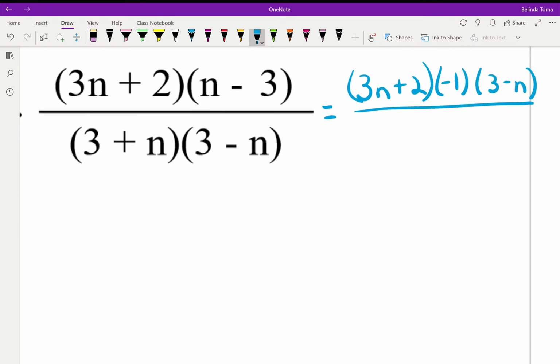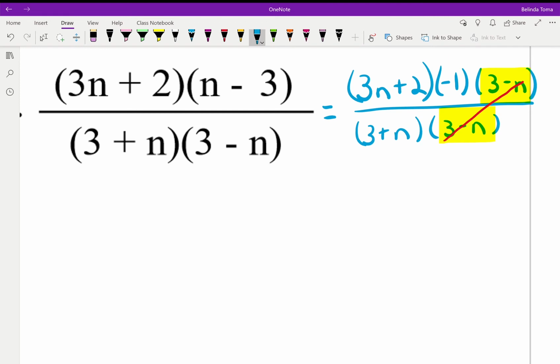In the denominator, I'm leaving everything alone. And so what I have now is I created the match. We want to look for those opposites so that we can simplify as far as possible.